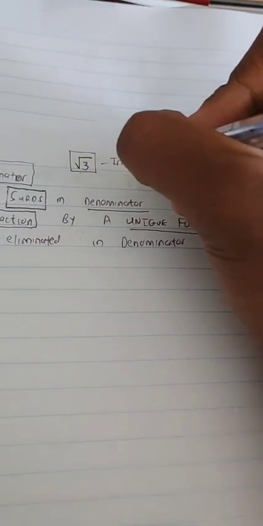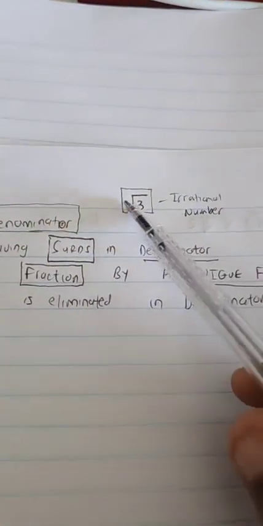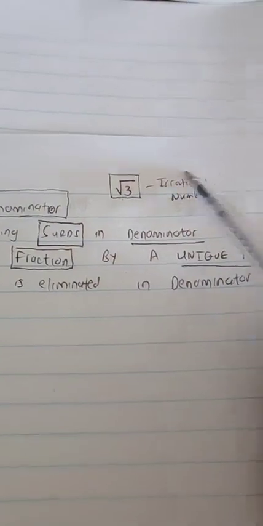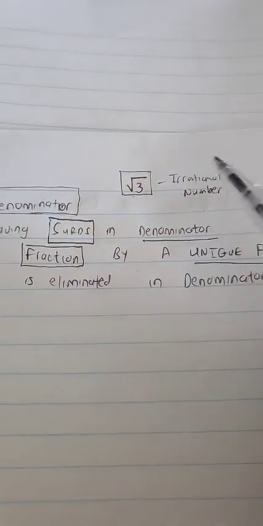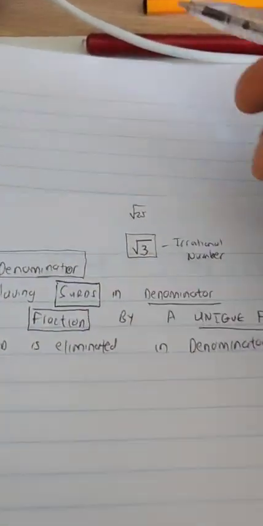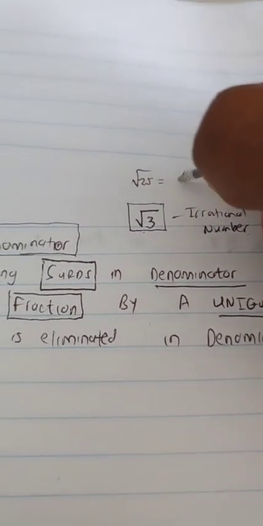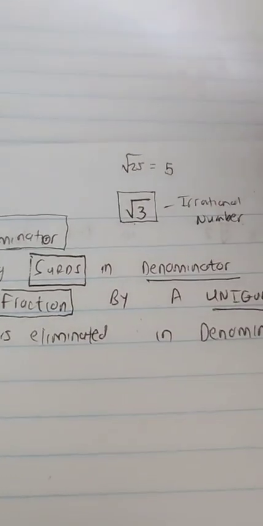As I explained, a surd is an irrational number. So any number underneath a square root, which when expressed is an irrational number, we call a surd. The square root of 25, for instance, is not a surd because the square root of 25 can be simplified and it is equal to 5.